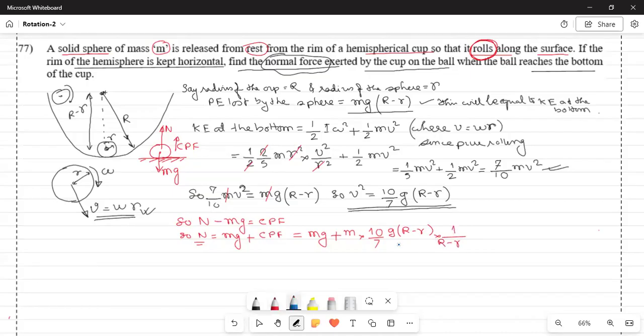So now what do we find? This capital R minus small r gets cancelled. So we have mg plus 10 mg by 7, which is 7 plus 10, 17, so 17 by 7 mg.